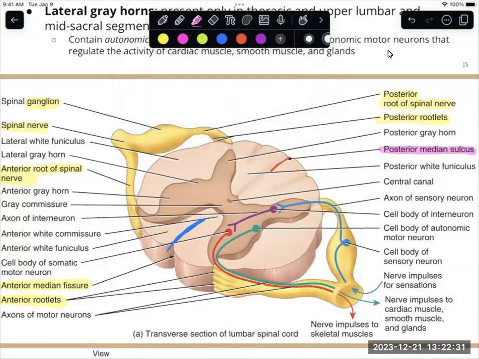Gray commissure. That is this section right here that connects that right and that left side. And then we have that central canal. That central canal here, it's this opening here where cerebral spinal fluid traverses that entire pathway.